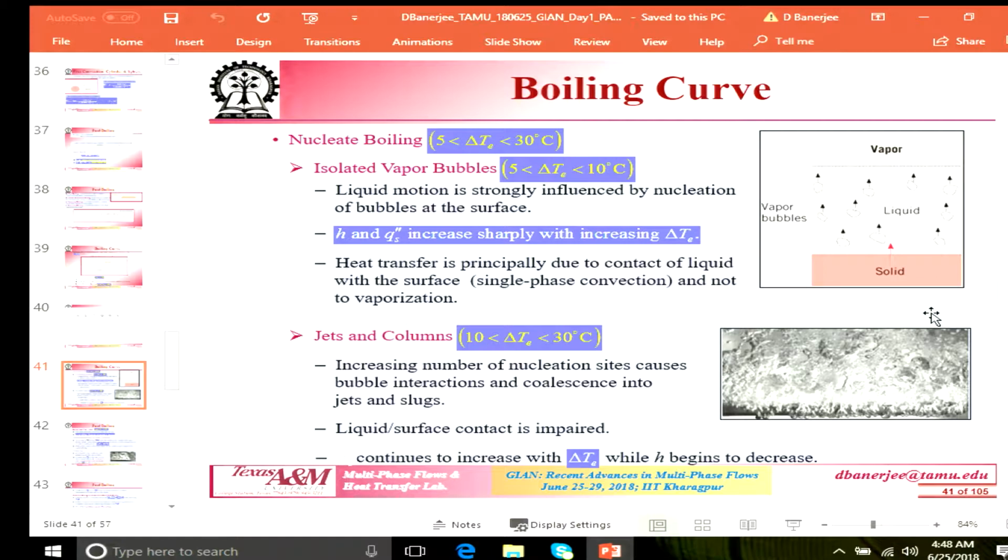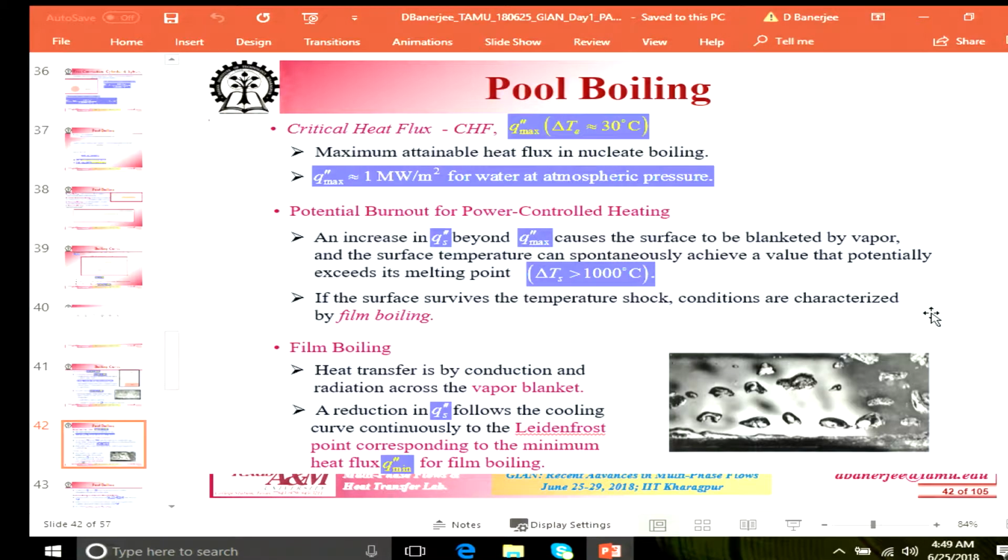So, if I talk about the boiling curve, in nucleate boiling you have isolated vapor bubbles, you have jets and columns. This is a very good picture of when you go very close to critical heat flux on a wire, and you can see the vapor columns forming on the wire. And then when you get into film boiling, this one shows that your vapor bubbles are departing at fixed periodicities.